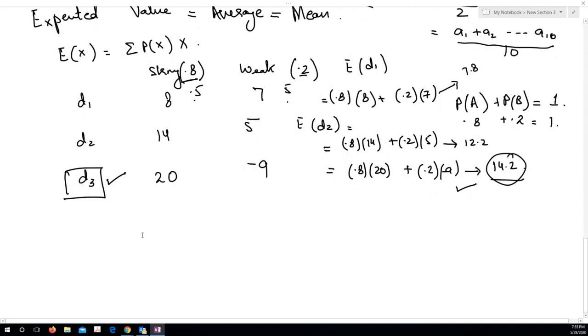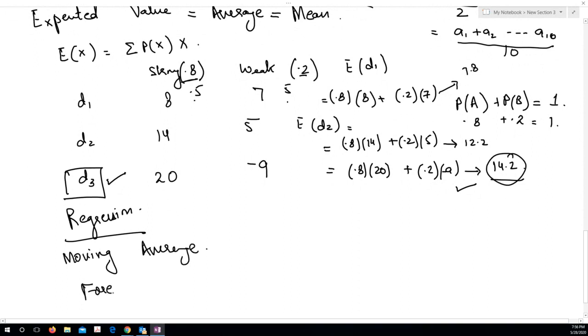And this usually is done through regression. So in, I think, chapter 4 or 5, we will learn some techniques called regression, and this has a lot of applications. You can make predictions, and we will also do moving averages and forecasting.